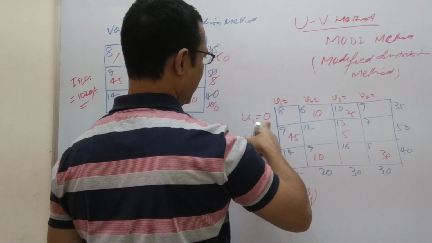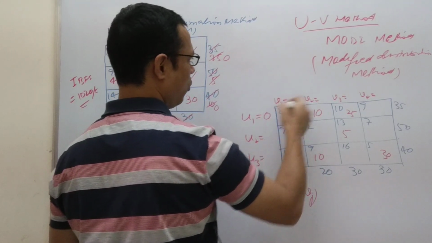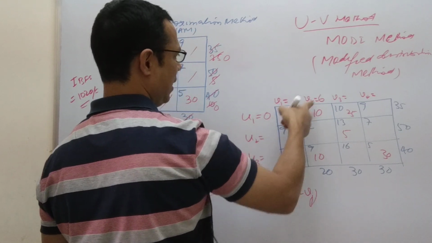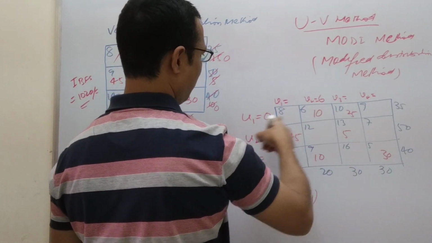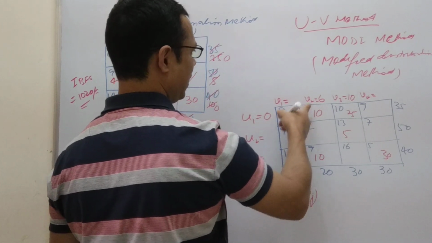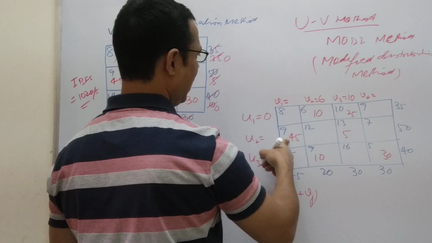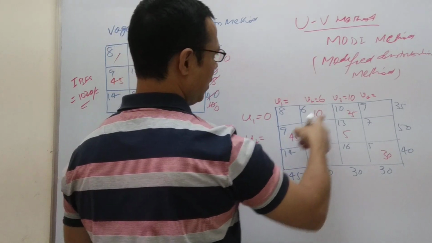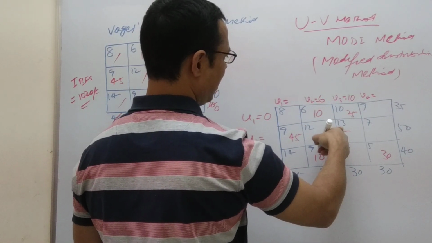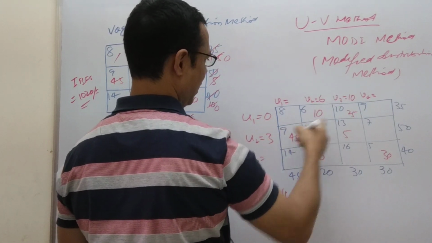So here 0, 6: Cij is 6, so 0 plus 6 is 6. Here this is 10 and here this is 0, so 0 plus 10. Yes, this is right. 0 plus 6 I have got 6, 0 plus 10 I have got 10. For this allocated cell, because these values have not been found yet, v is 3. This Cij is 13, so 10 plus 3, 13.